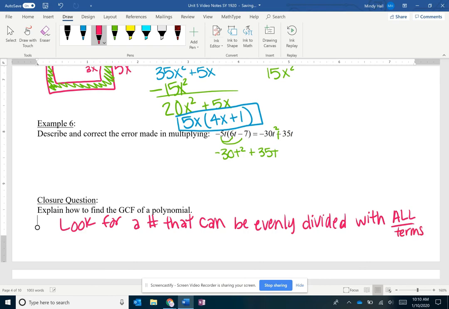And then on top of that, look at your variables and use the lowest degree. And remember, degree is the same as exponent.